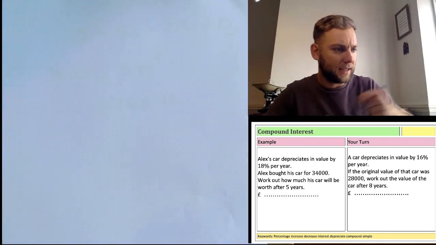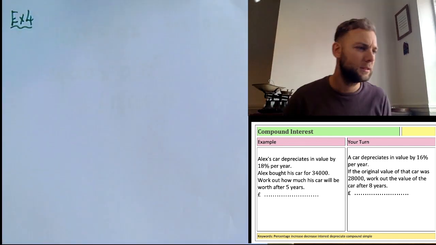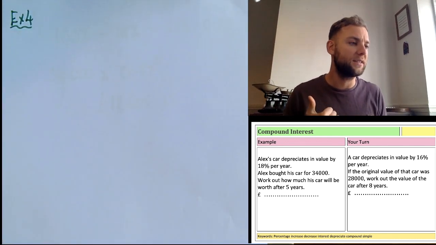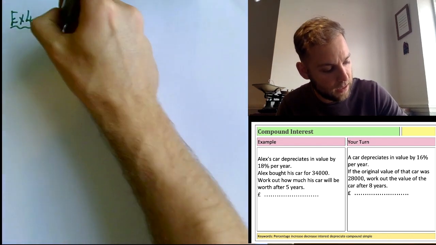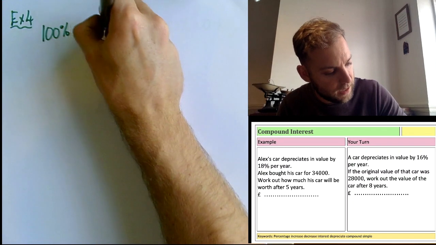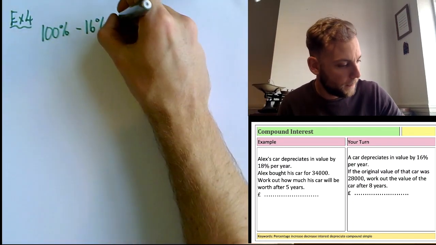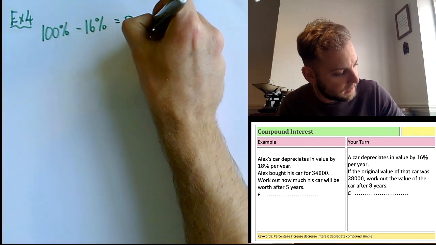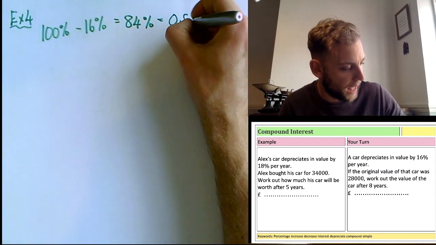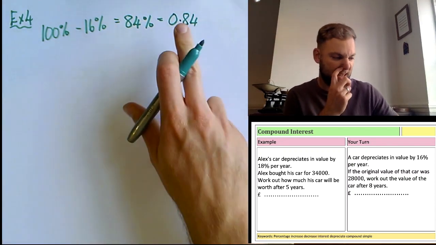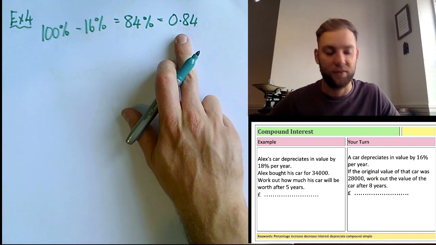So here we've got example 4. So the car depreciates in value by 16% per year. So it's going to be 100% subtract 16%. 100 take away 16 is equal to 84%. As a multiplier, that's going to be equal to 0.84. So this is what I need to multiply by to get a reduction of 16% for every year.